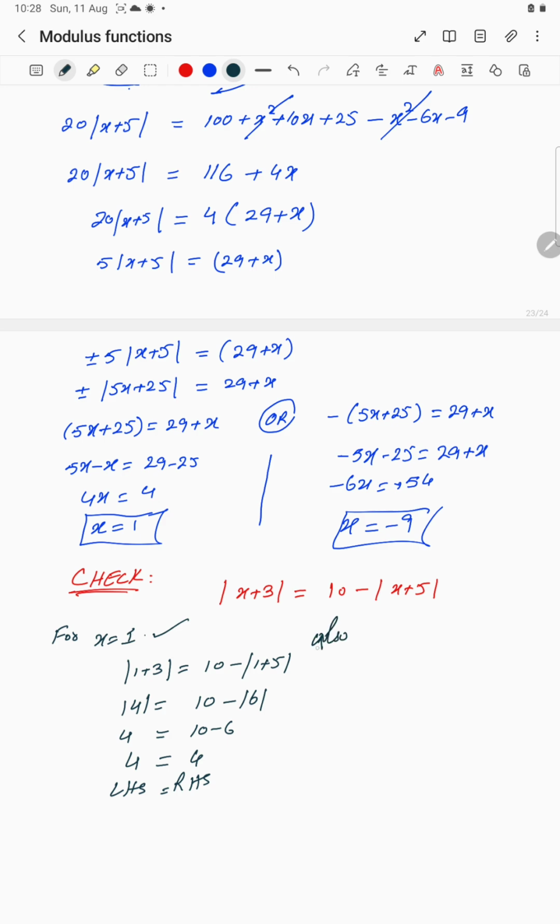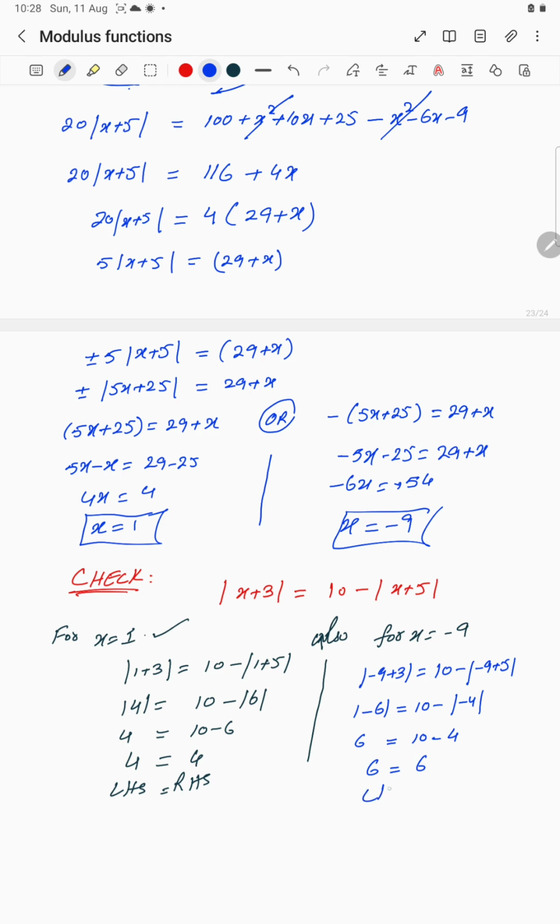We also need to proceed the same way for x equal to minus 9. So we'll see, |−9 + 3| equal to 10 minus |−9 + 5|. It's |−6| equal to 10 minus |−4|, it becomes 6 equals 10 minus 4, and the modulus becomes plus 4.